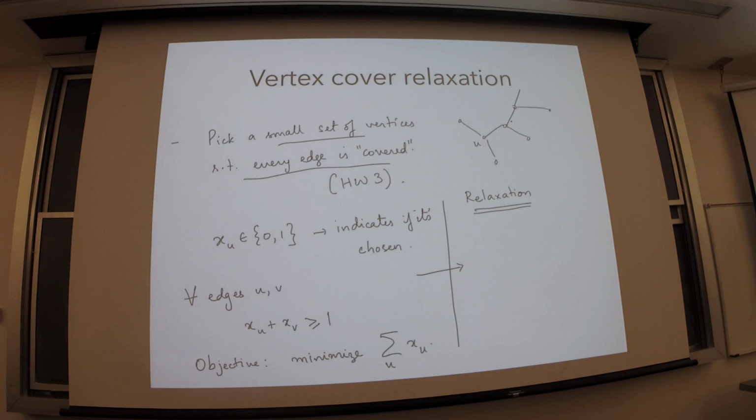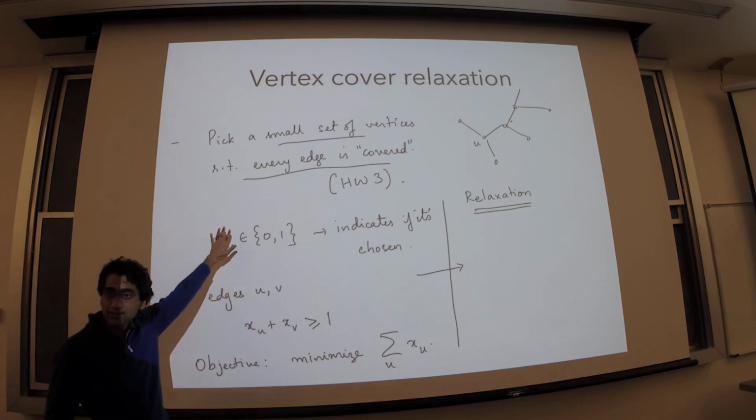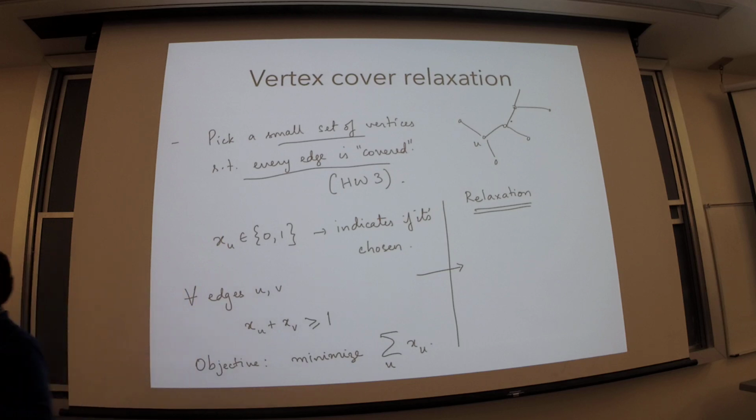Okay, so this is a notion that you should be very comfortable with. If there is something in optimization that you should really know, it is this kind of a notion, relaxation. And the relaxation basically changes integer or discrete variables into continuous ones. In this case, the most natural way is to just say that I want xu to lie between 0 and 1.